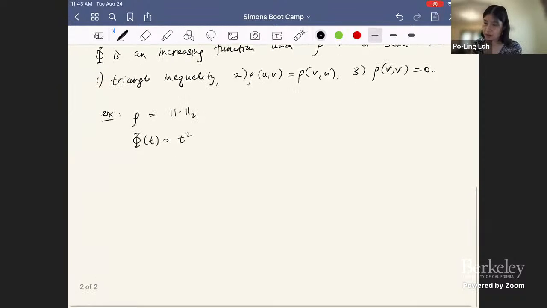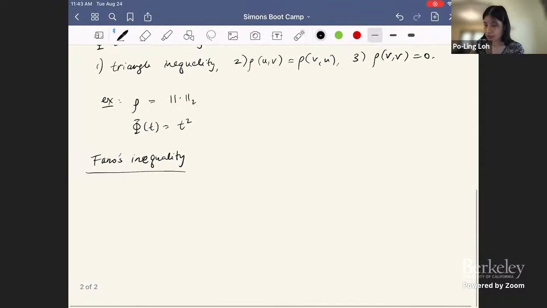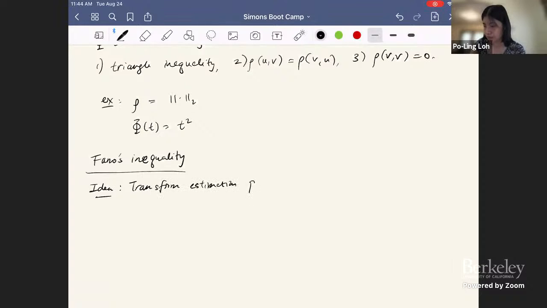Okay, so the main tool that we're going to focus on is Fano's inequality. So in this part, I'll both remind you what Fano's inequality is and give you the general technique for proving lower bounds. So the idea is to transform the estimation problem into a decoding problem.